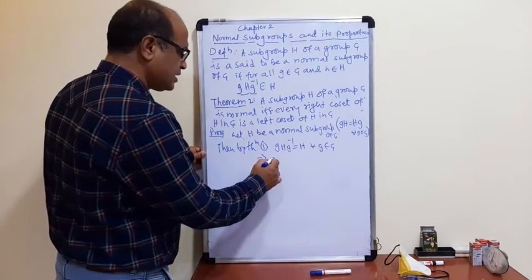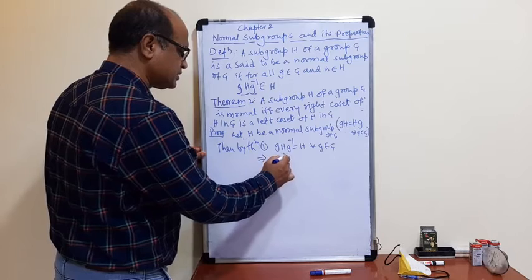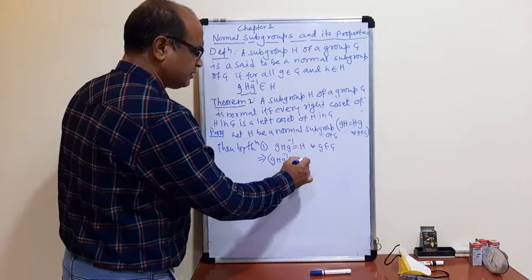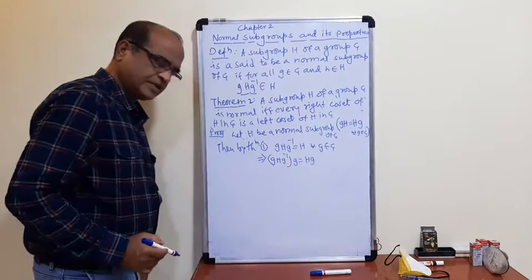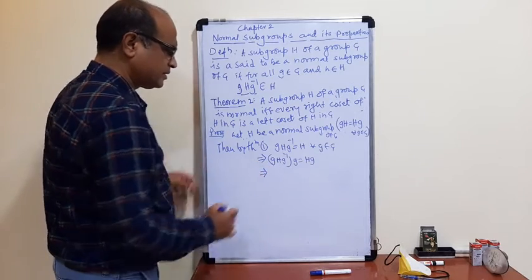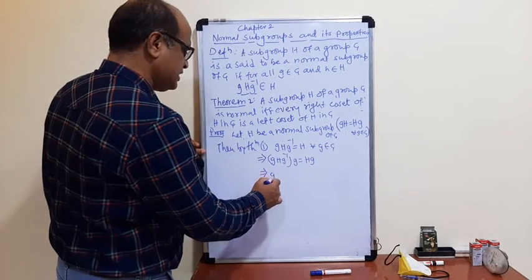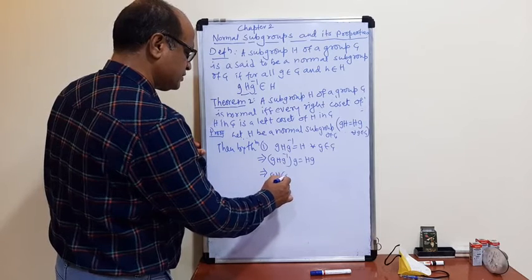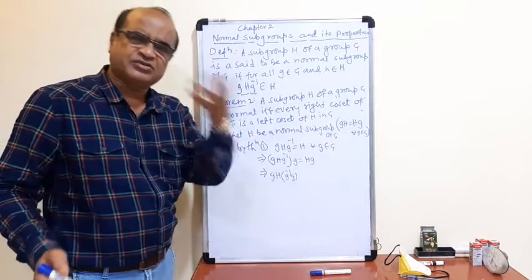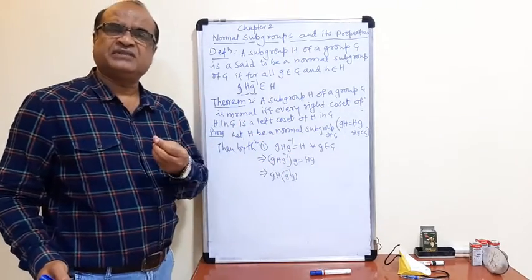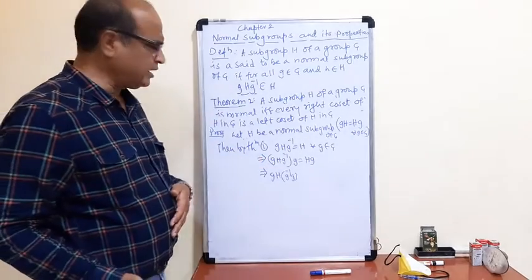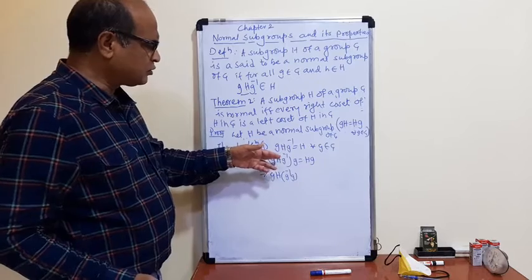So gHg inverse into g is equal to Hg, which is equal to H into g here. So this implies that, using properties such as the associative property, existence of inverse, and so on, we write those steps here.